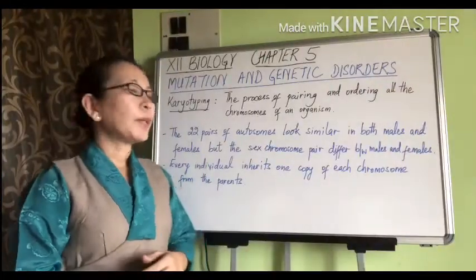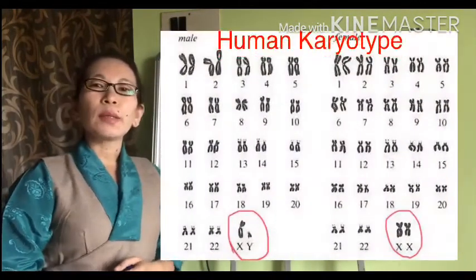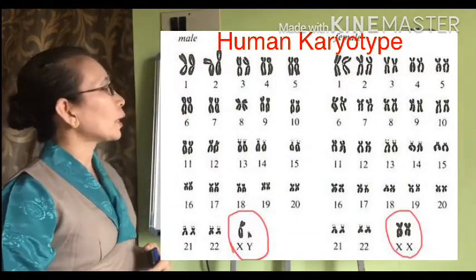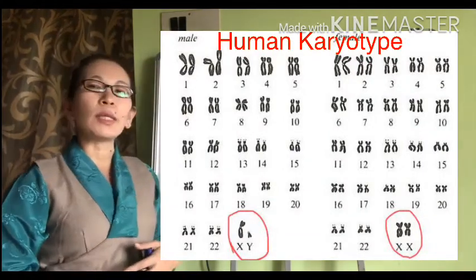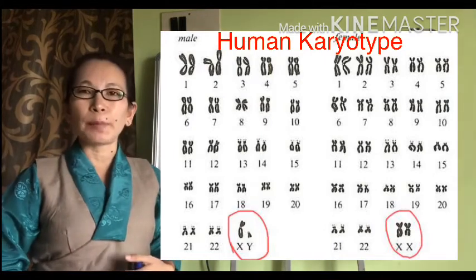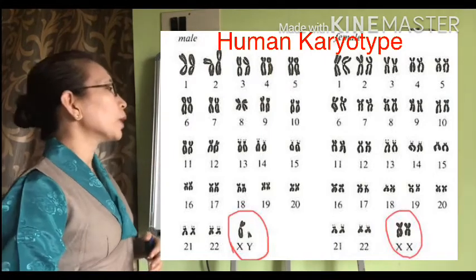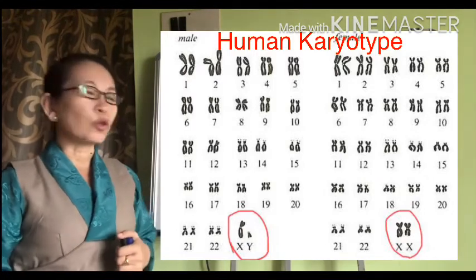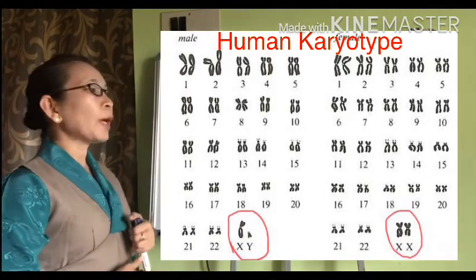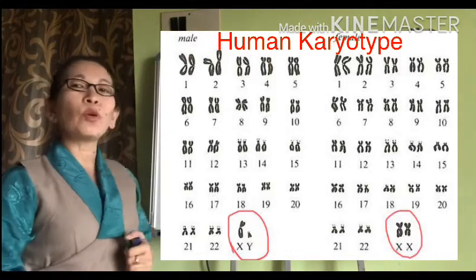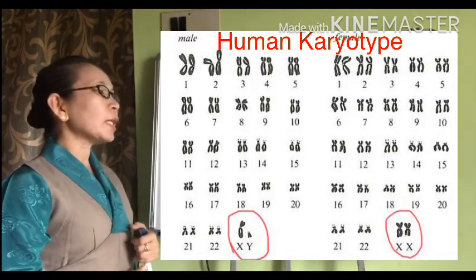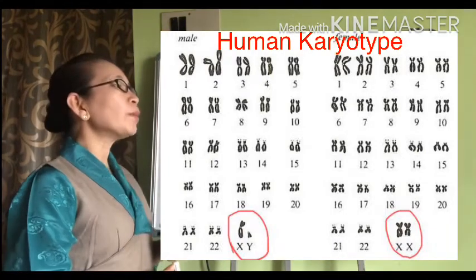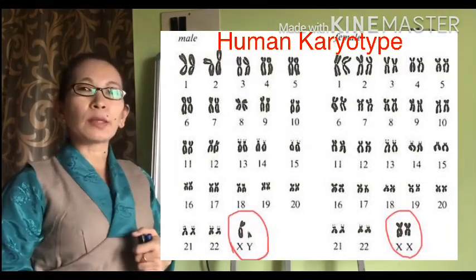Look at this picture of the human chromosomes. This is referred to as a human karyotype. The technique of pairing and ordering all the chromosomes of an organism is referred to as karyotyping. Now in this human karyotype, you can see that out of the 23 pairs of human chromosomes, the 22 pairs of autosomes look similar in both males and females, but the sex chromosome pair, which is our last 23rd pair, differs between males and females.